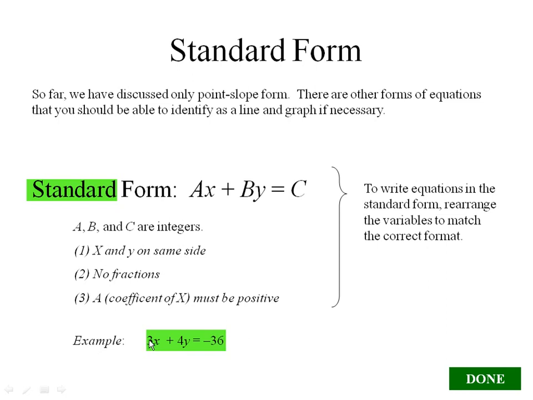For example, 3x plus 4y equals -36 is in standard form because one, x and y are on the same side, there are no fractions here, and a, which is the coefficient of x, a being 3 here, is positive.